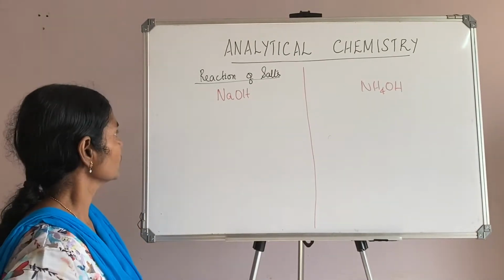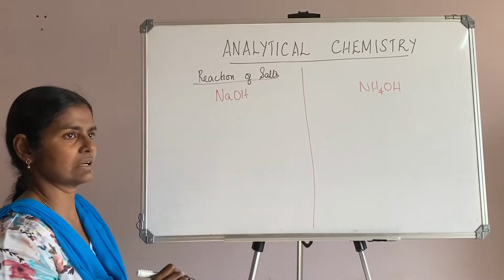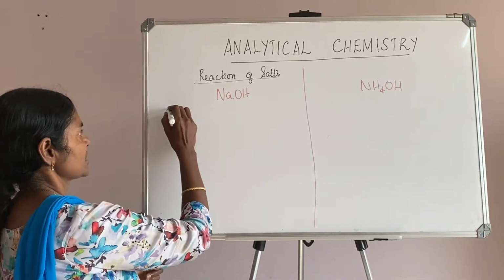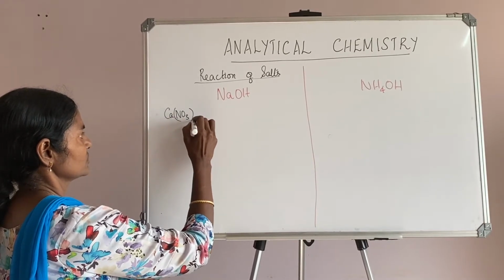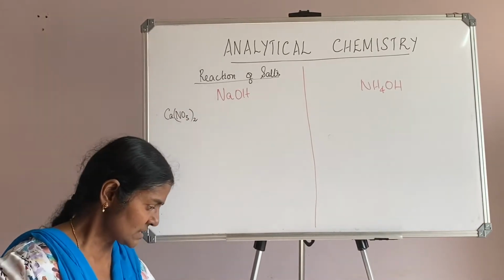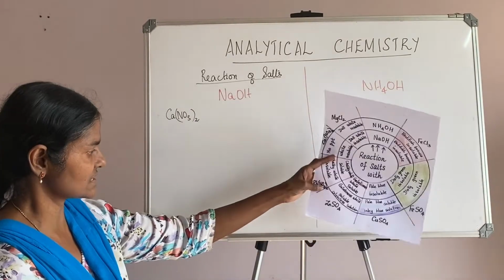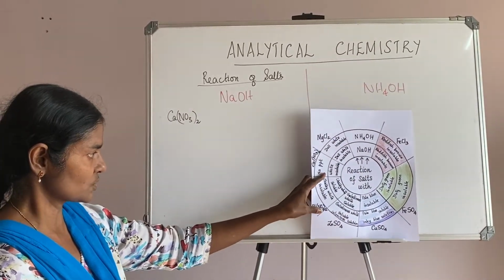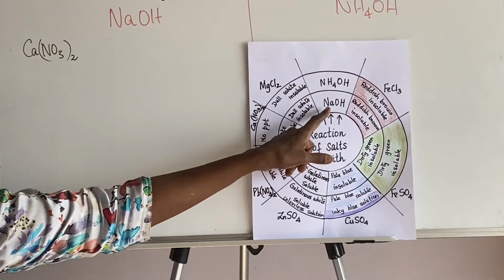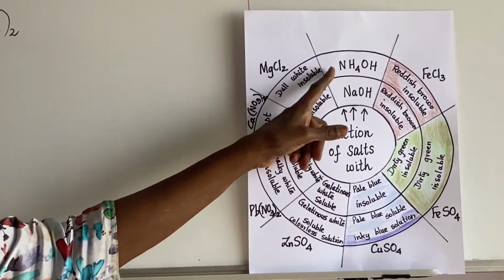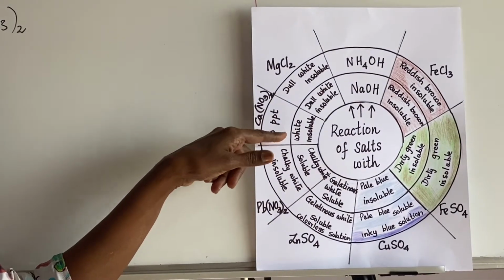So when we start off, let us start with, say, calcium nitrate. For this we can make use of this chart, which actually shows us different colored precipitates with NaOH, this is the inner round, and NH4OH is the outer round.